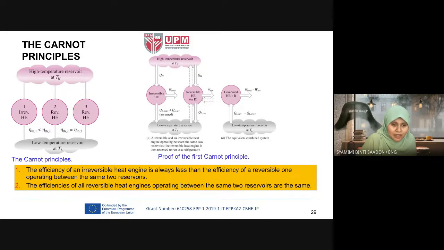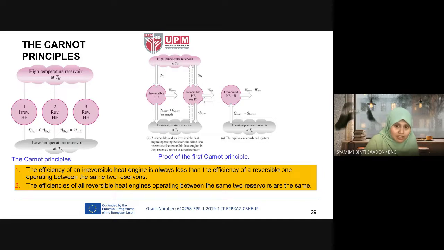The efficiency of an irreversible heat engine is always less than the efficiency of a reversible one, of course, because irreversible is the actual case. Reversible usually is the ideal case. So irreversible will have less efficiency, because we take into consideration the friction, the difference of the temperature, etc. The efficiency of all reversible heat engines operating between the same two reservoirs is the same, because it only depends on the high temperature source and the lower temperature source.